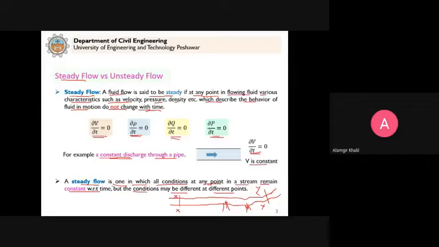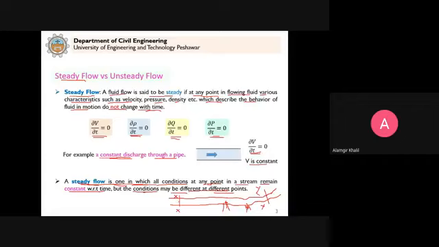You see, this definition is from your textbook. What it says is that a steady flow is one in which all conditions at any point in a stream remain constant with respect to time, but the conditions may be different at different points.